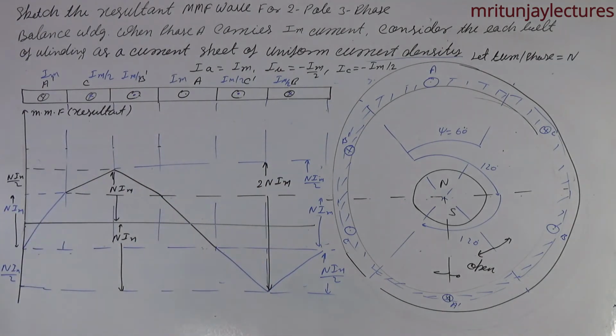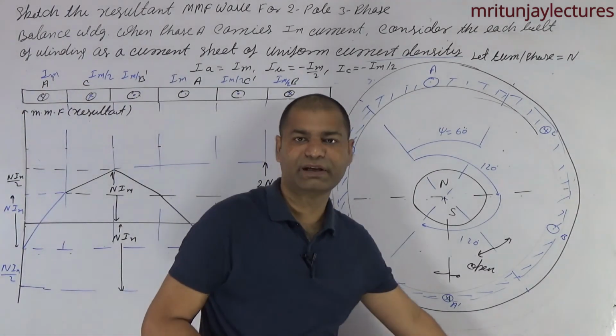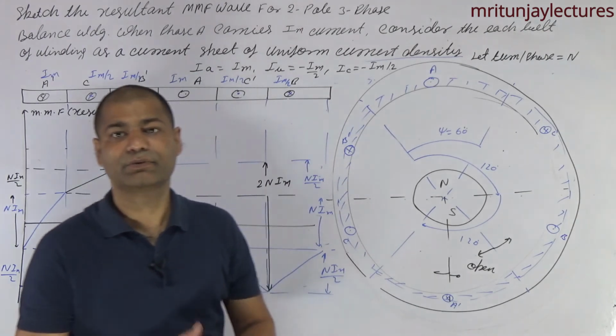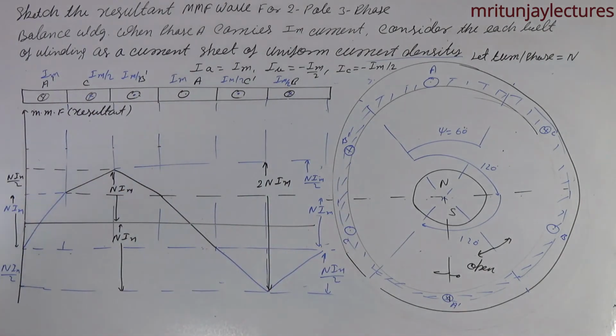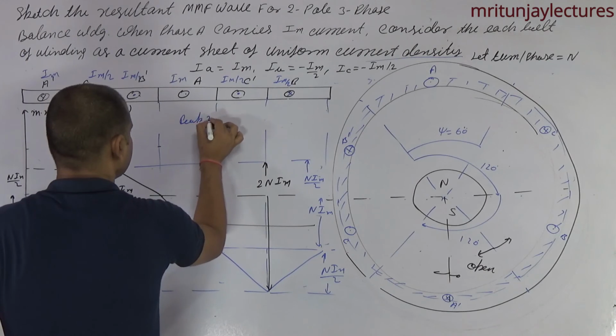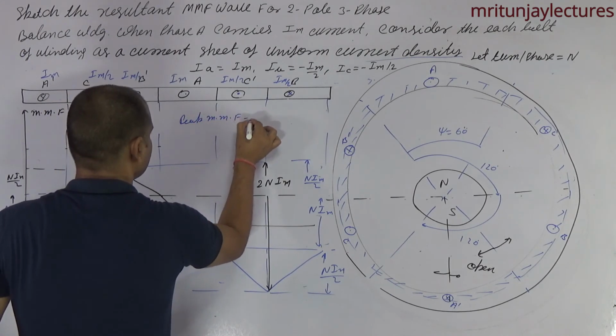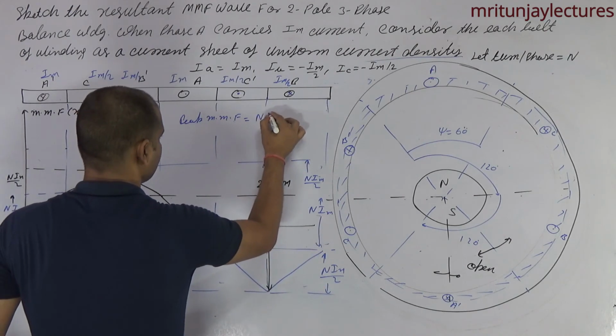This is the resultant MMF diagram when IA is equal to Im, IB is equal to minus Im by 2 and IC is equal to minus Im by 2. Draw it. What about the peak value? Peak MMF is N Im.